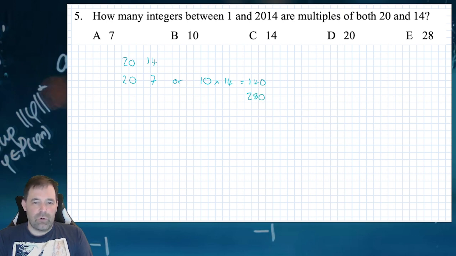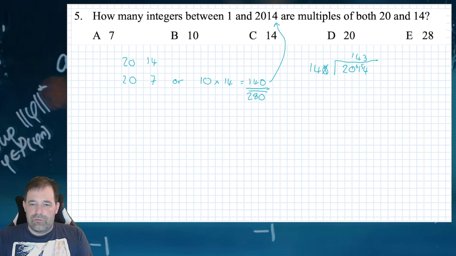So it's just going to be those two times together is 140, and then 280 and so on. So we're looking for how many 140s go into 2014. So we're going to go 140 into 2014 and just divide that. We'll just do how many 14s and then reverse it. So how many 14s? You get 1 carry 6, you get 4 carry 5, you get 3 and a bit.